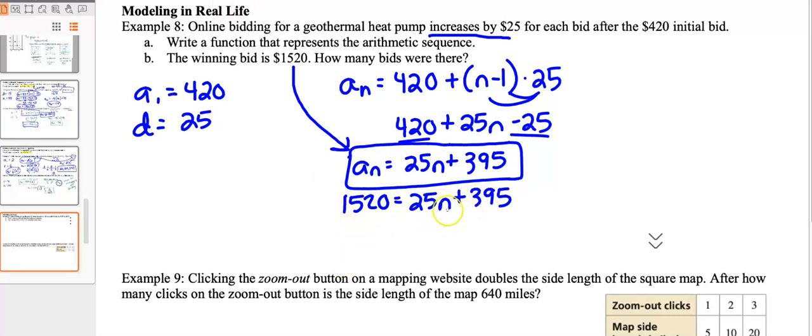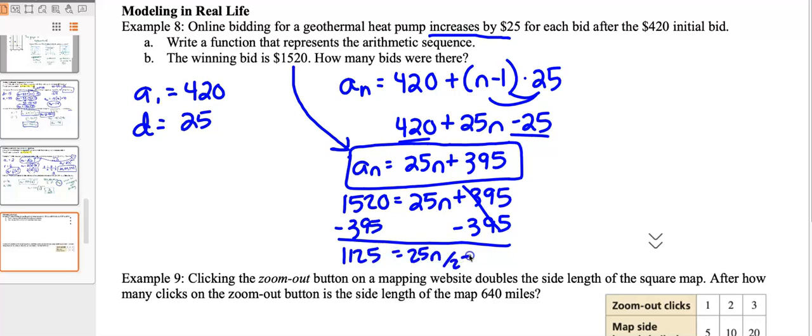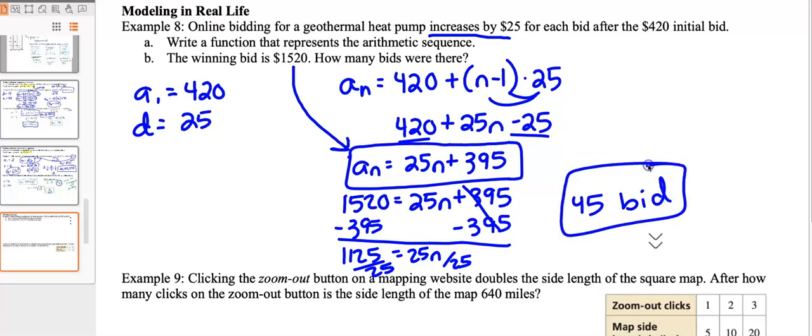I'm trying to get n by itself, so we would subtract 395 from both sides. That would be 1,125 equal to 25n. Divide by 25 to get 45. So that means they bid 45 times until they finally won the cool geothermal heat pump for that price.